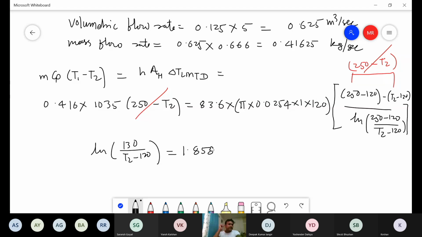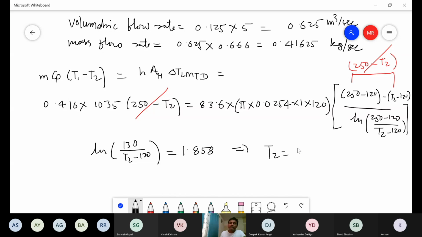Check whether this is correct or not. Can you please check the calculations whether these are correct? Yes, sir. So now there is no trial and error. We can rearrange this and find out T2 from this. So this will be the exponential of this answer, then its inverse multiplied by 130, plus 120.